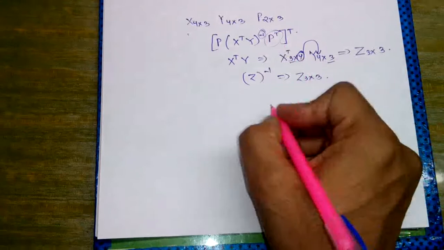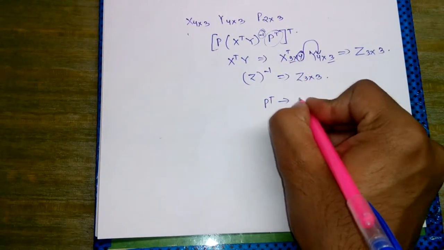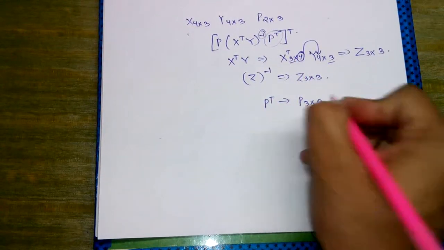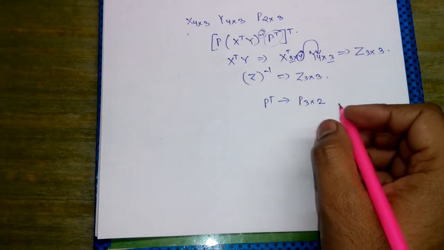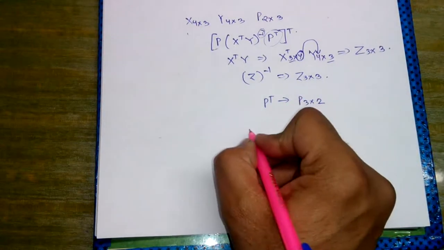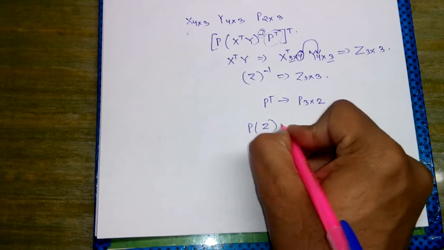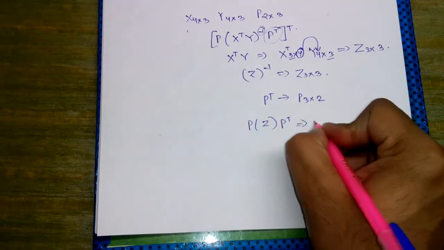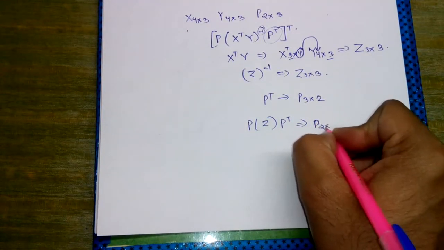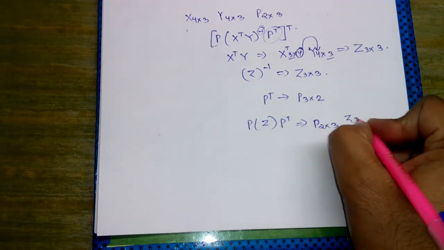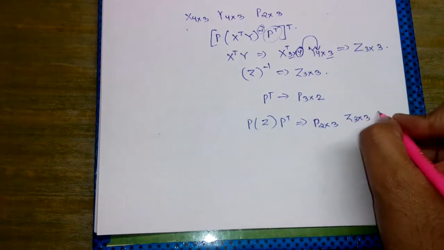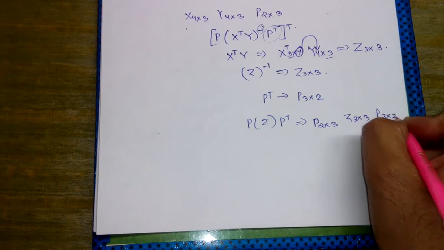Now we will multiply. Let us evaluate P transpose. P transpose would be 3 cross 2. Now let us calculate P into Z into P transpose, where P is 2 cross 3, Z is 3 cross 3 and P transpose is 3 cross 2.